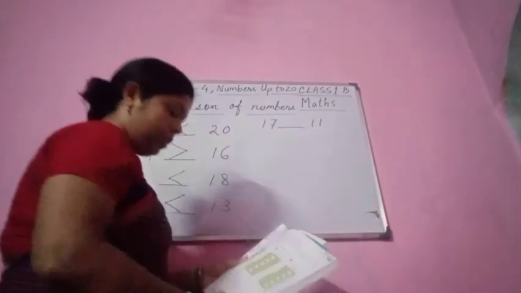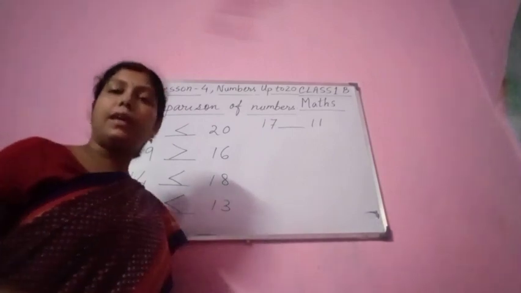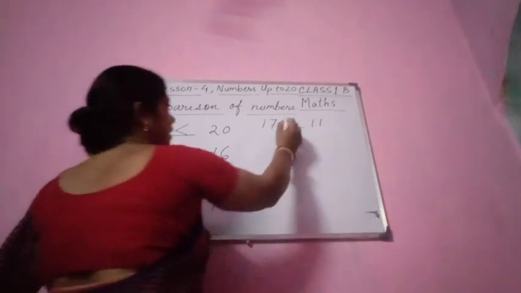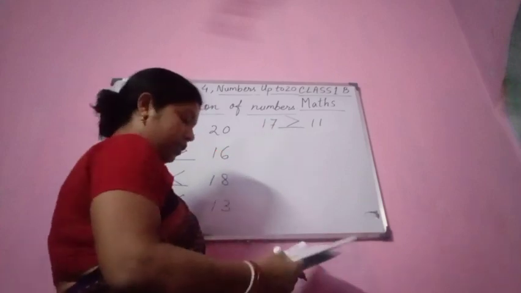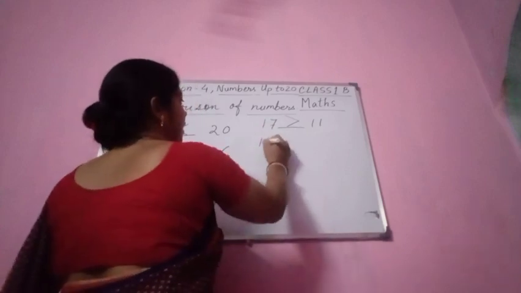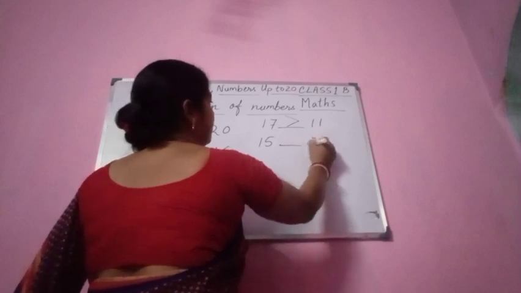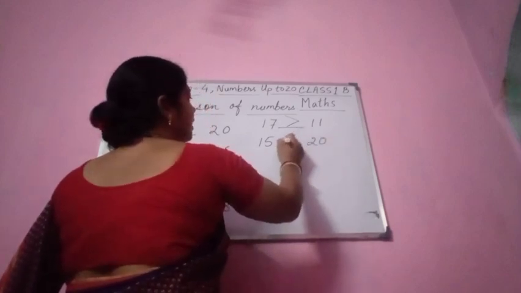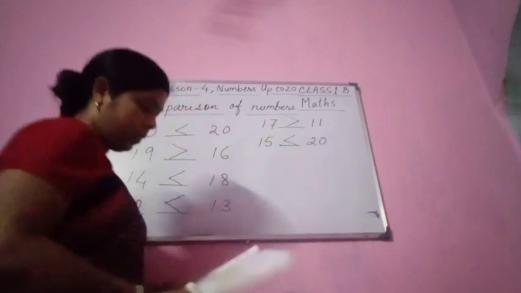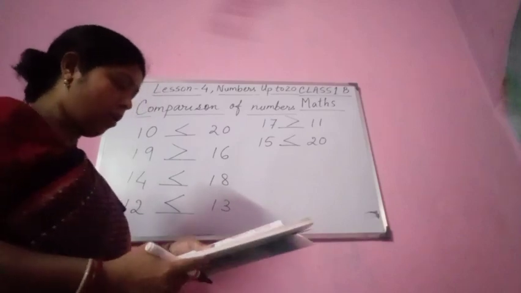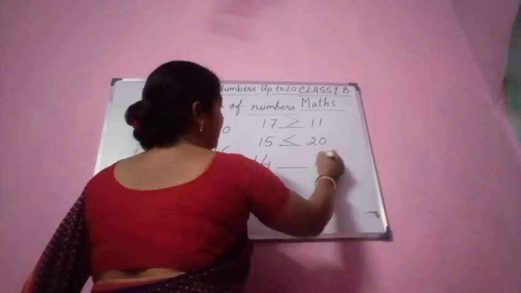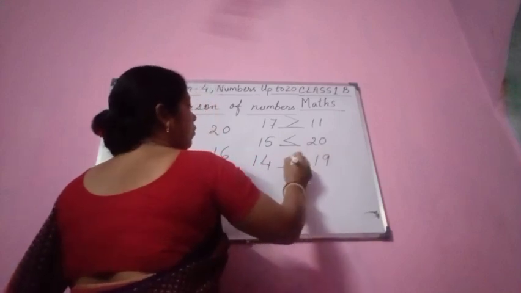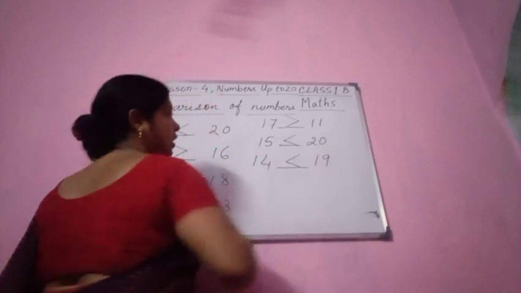Next one you see 17-11. So you see here 17 is bigger than 11, isn't it? So put the bigger sign here. Next one you see 15 and 20. Compare 15 and 20. So 15 is smaller than 20, isn't it? Next one you see 14 and 19. 14 is smaller than 19.